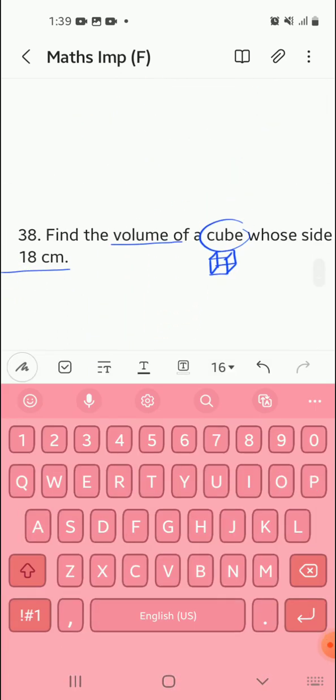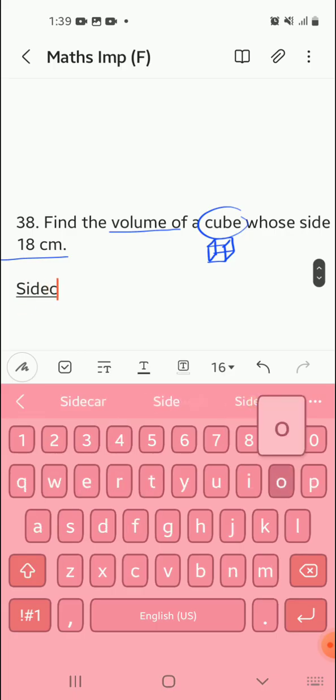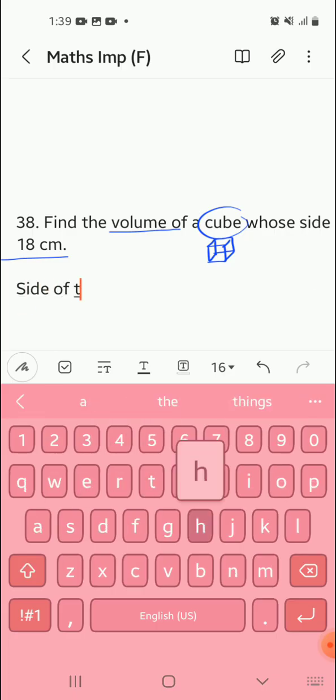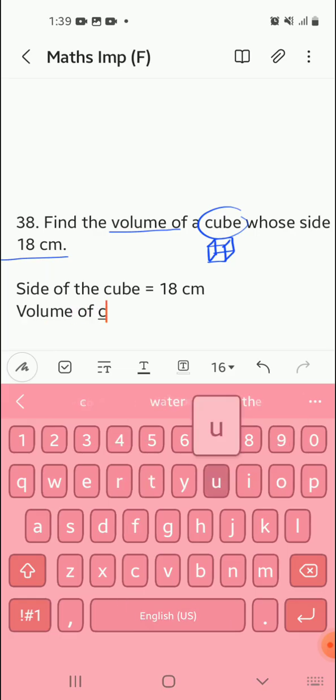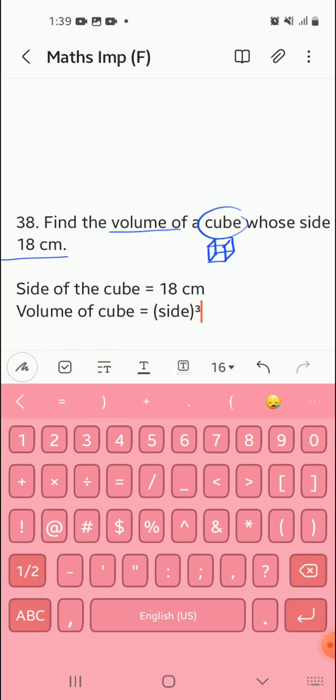We will first write down the side of the cube. Side of the cube is equal to 18 centimeter. We know the formula. Volume of cube is equal to side cube, that is side into side into side.